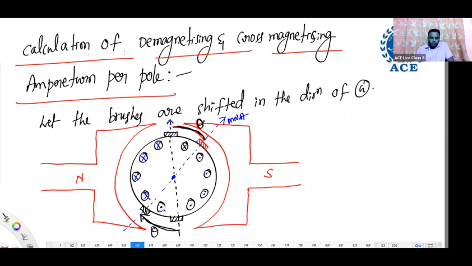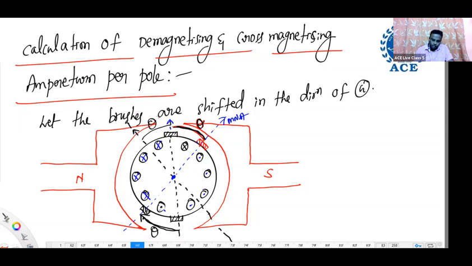Now in order to find the demagnetizing and cross magnetizing turns, let us consider another angle in the opposite direction, the motor direction. We are not shifting brushes in the motor direction, just considering the angle. Let it be the same angle theta in this direction.